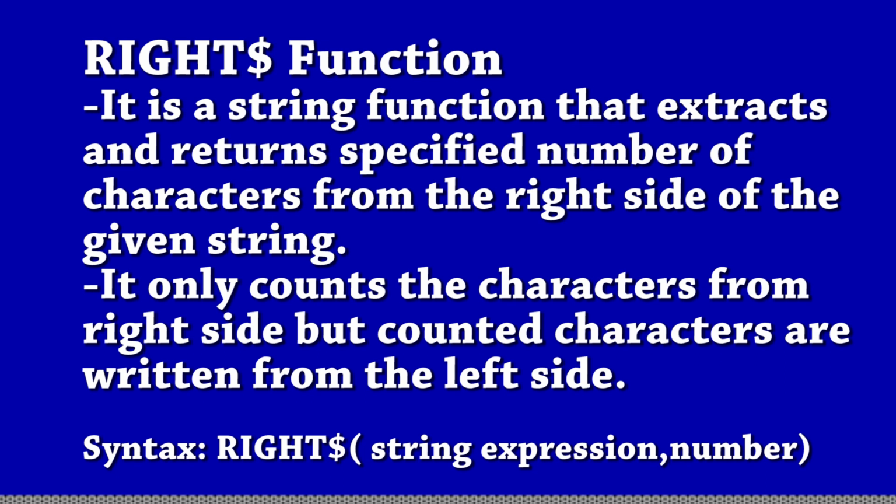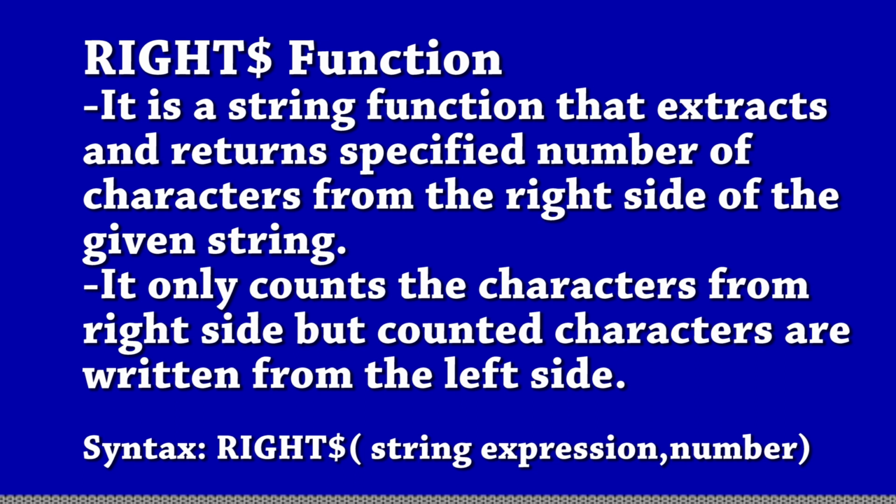In LEFT$ we read that it counts from the left side, but in RIGHT$ it counts from the right side, but it returns on the left side. Count from right side but return from left side. Understood or not? Okay, so here you can see the syntax: RIGHT$, string expression and number.